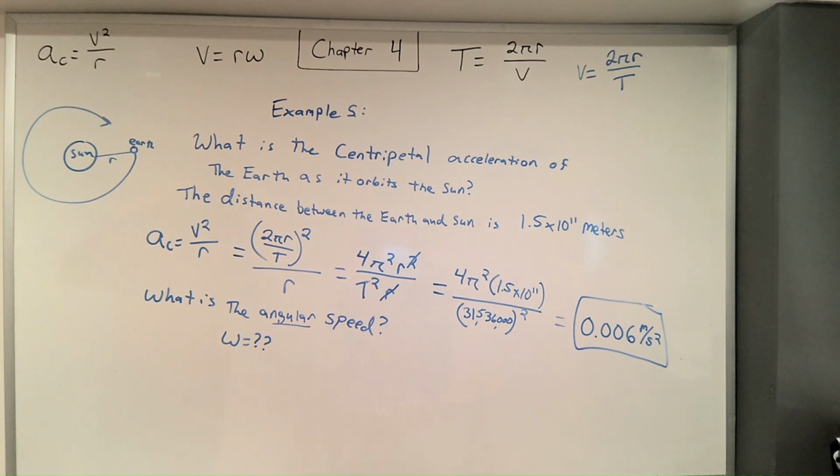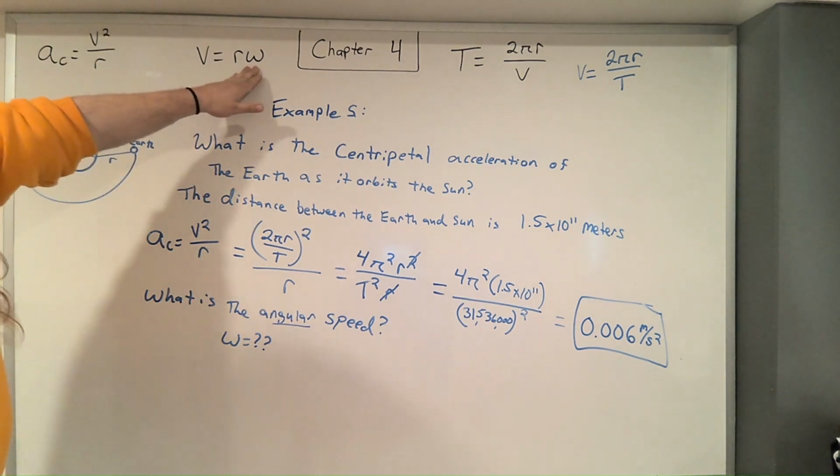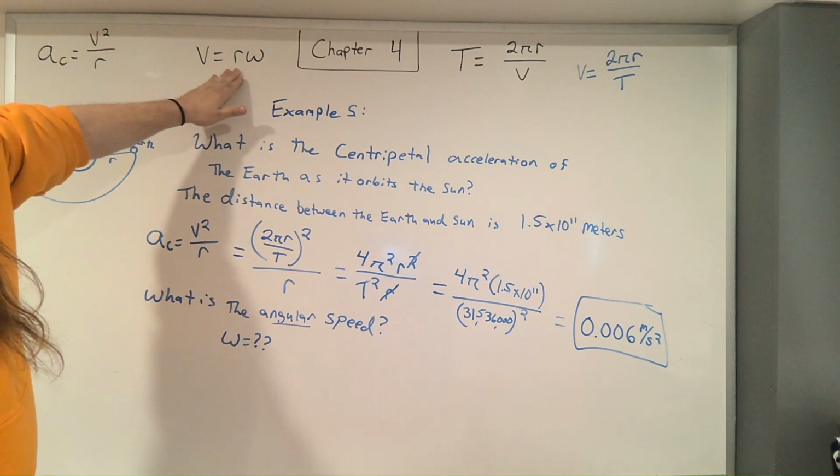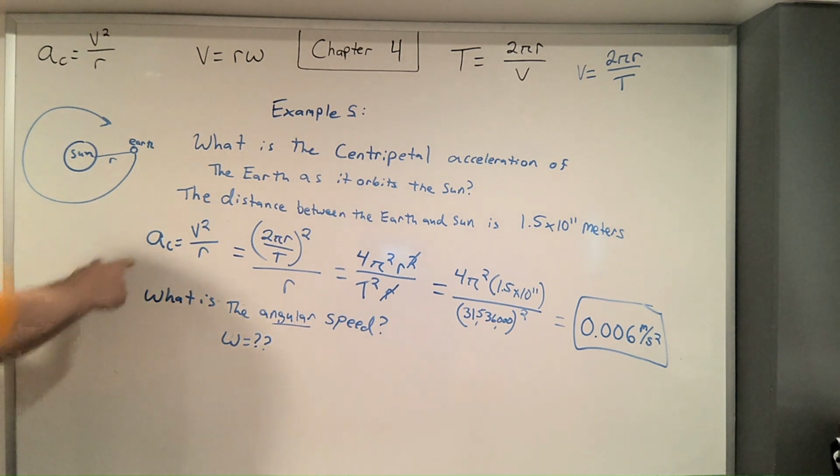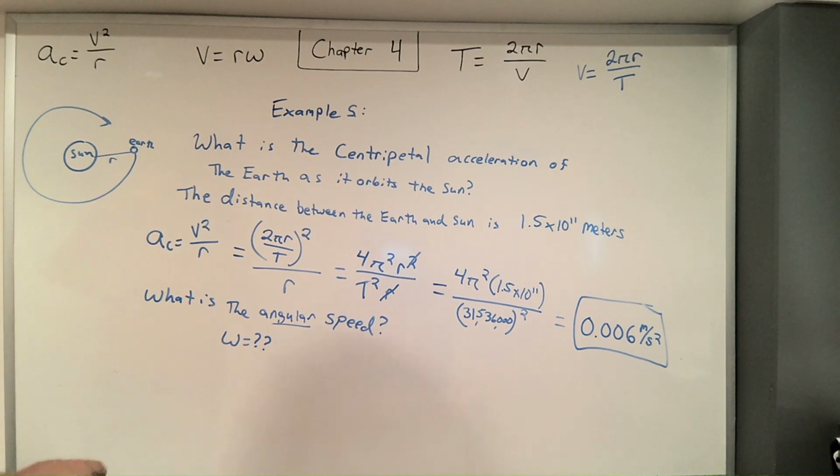Okay. Well, now that we have some numbers to go off of, we look up and we look for an equation that has our omega in it, right? Our omega ends up being here, tied in with v. Okay, so what's the best route to go with this one? Well, we have a couple of options. We already know the centripetal acceleration.